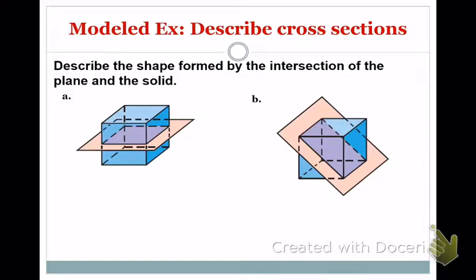Right here, what shape do we form? Let's assume that this tan plane is parallel to the top and the bottom. What shape would we form from this cross section in A? What shape would it be, Aaron?